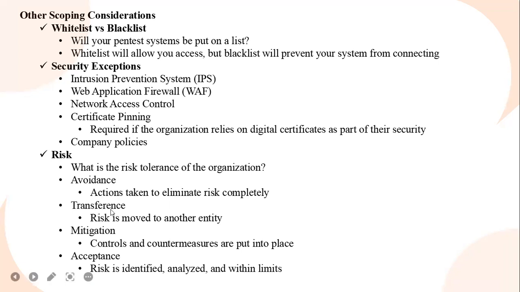If you want to transfer the risk, you can say, okay, please test it, but I want to make sure that it is never down. Of course, that's going to come at a very high cost.